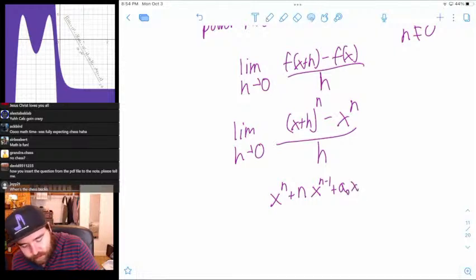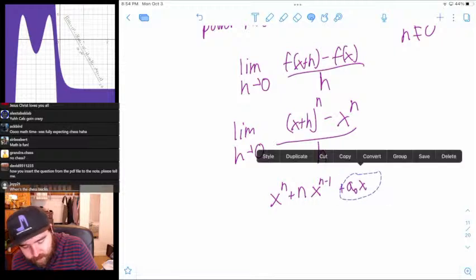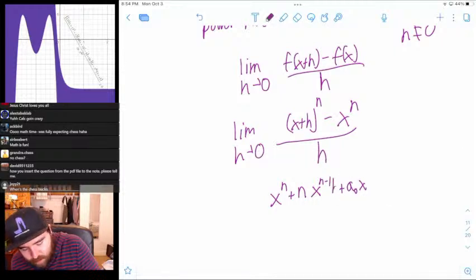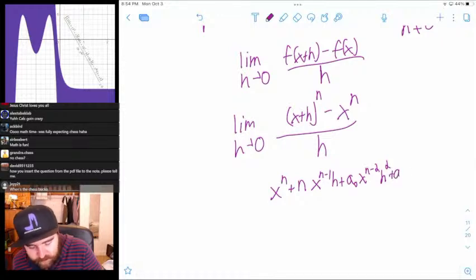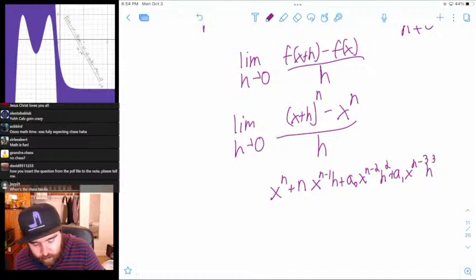Oh, but then, shoot, this has to have an h on it. That's h to the 1, and then the next one is x to the n minus 2, h to the 2, and then the next one is like some other number that we don't know, but then x to the n minus 3, h to the 3, and then dot dot dot, all the way down to h to the n.